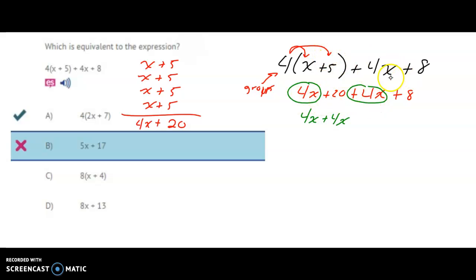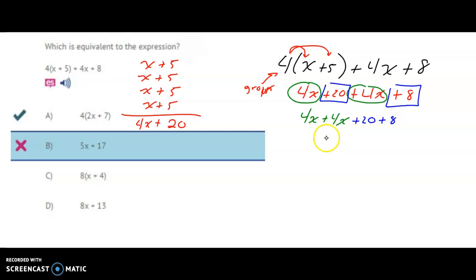Now, are there any other like terms? There are. I have a 20 and I have an 8. They're both constants. So I'm going to bring my plus 20 plus 8. So all I did was I put my x's together, my like terms, and I put my numbers together, my like terms.